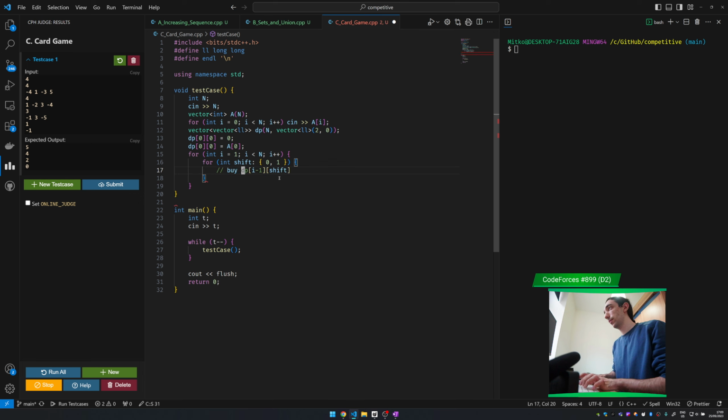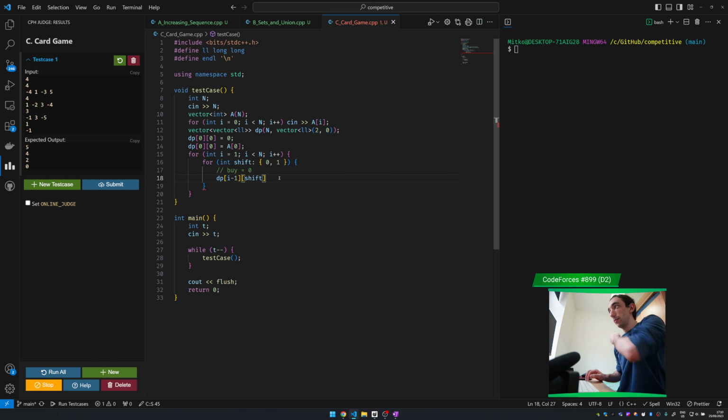So first, let's say we don't buy. Then this shift remains. Then dp of I and this shift remains.